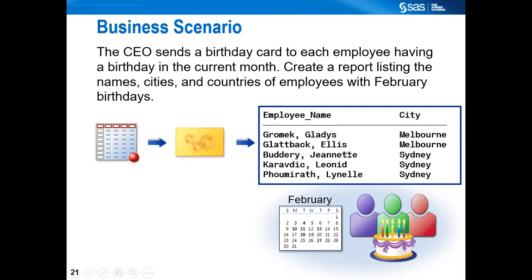That means whoever are the employees currently working with the organization whose birthdays are coming in the upcoming month, maybe February. So the CEO wants to send a birthday card to those people whose birthday is approaching in the month of February. So these are the people with their name and the cities whose birthdays are coming in February. Okay, so this is required.